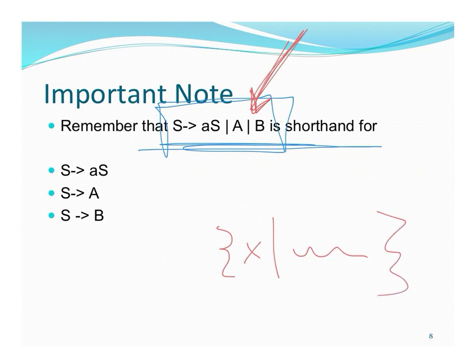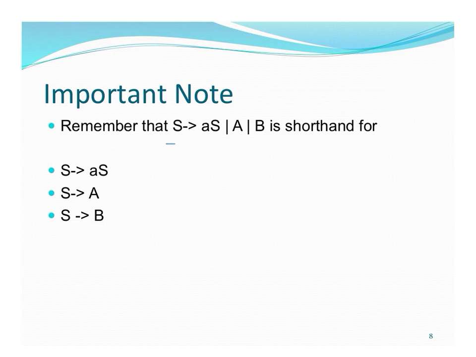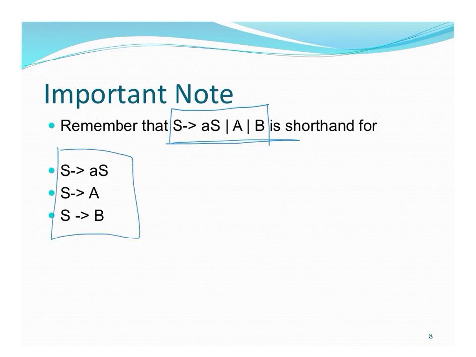So other than the fact that we use that bar symbol for just about everything, it's important to remember we're just using a shorthand here. If you have a rule that looks like that, you just want to think in your head, oh, that's shorthand for these 3 rules.